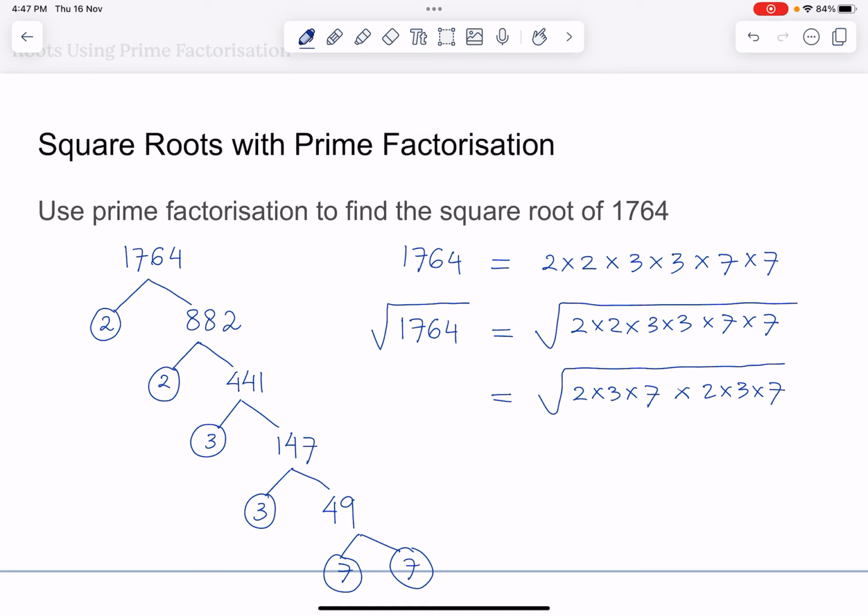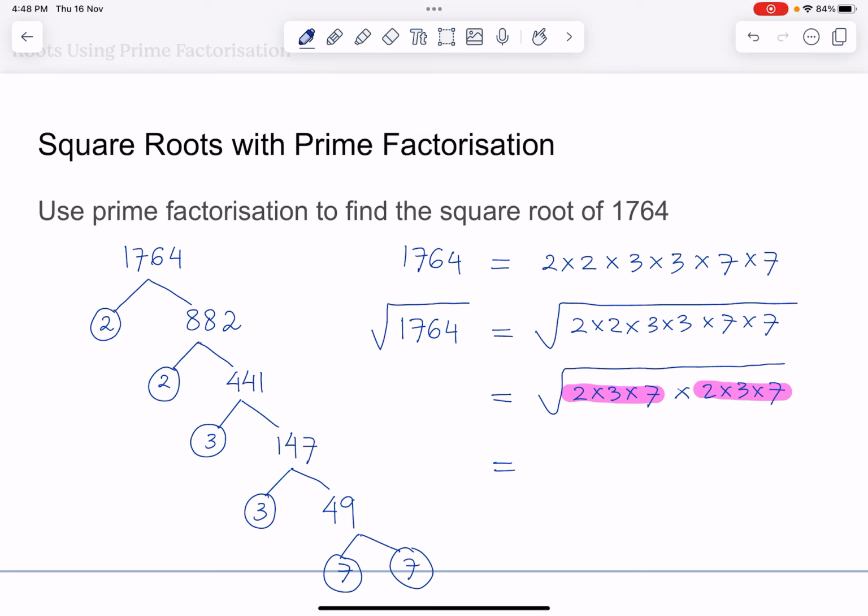Do you see that? So I actually have now one pair of numbers, 2 times 3 times 7, right, multiplied by itself. So we actually have 2 times 3 times 7 squared because it is multiplied by itself.